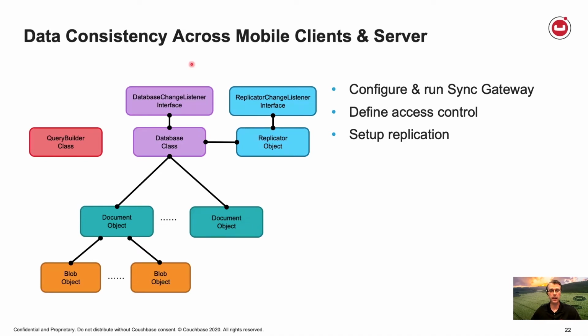You're going to define the access control in the Sync Gateway config file, and then you're going to set up replication on the database. All right, so in your code, you'll create a replicator and associate it with an instance of your database. Typically, you're going to implement the replicator change listener interface so you can respond to events that occur while data is being replicated or synced.